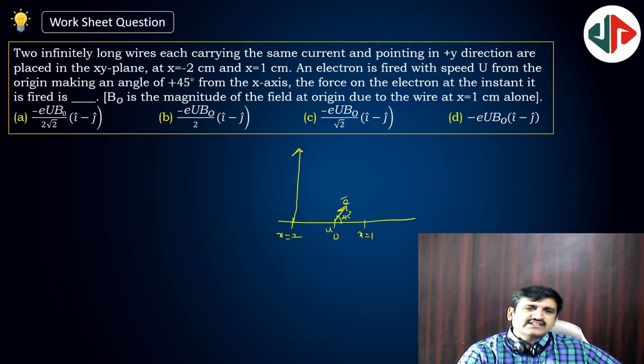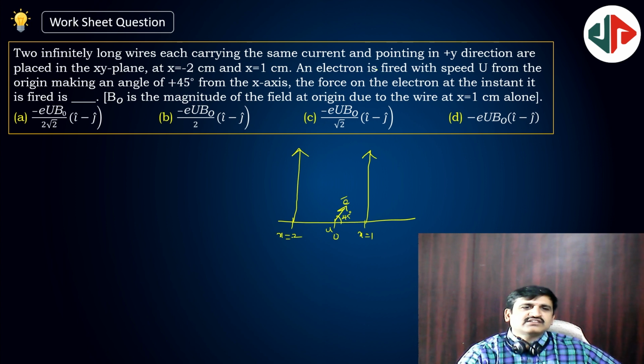One wire is like this, and the other wire carries current in the same direction. Two infinitely long wires carry the same current in the y direction. So what is the net magnetic field?